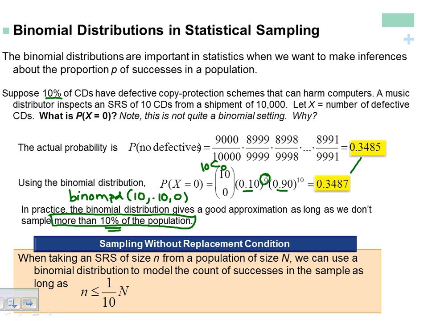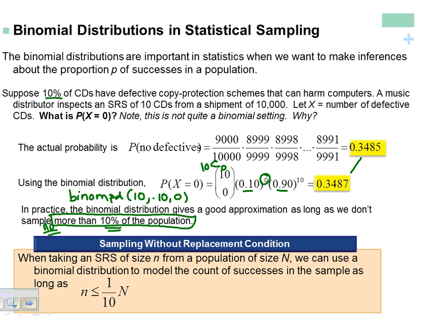So this says that our sample has to be smaller than 1/10 of the population. Okay, so we need no more than 10% of the population.